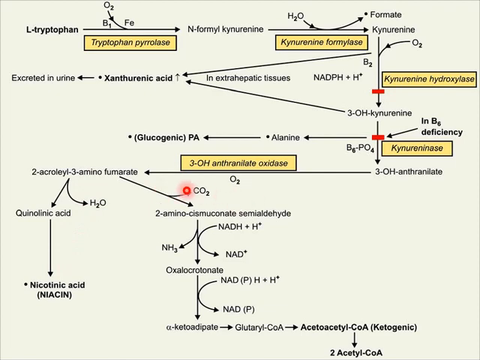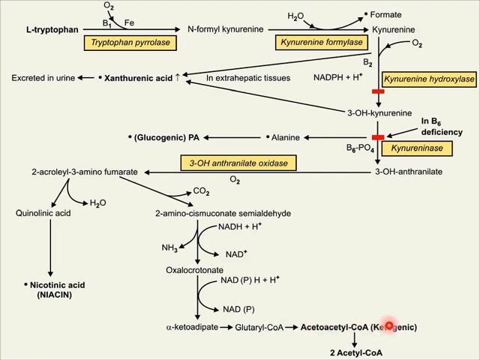The other way of the metabolism of 3-hydroxyanthranilic acid is it is converted into amino carboxymuconate semialdehyde, then ultimately to oxalocrotonate, alpha-ketoadipate, glutaryl CoA, and then to acetoacetyl CoA.